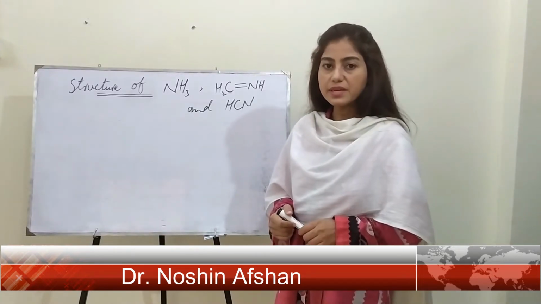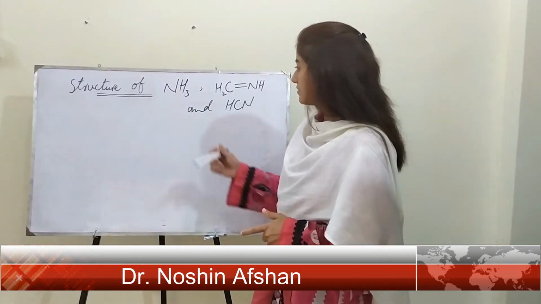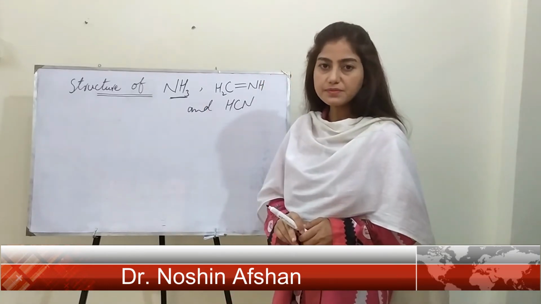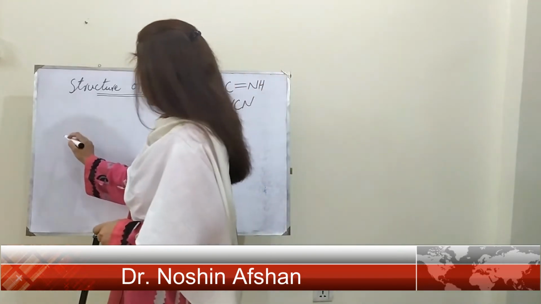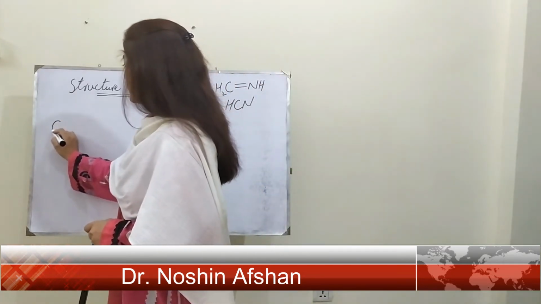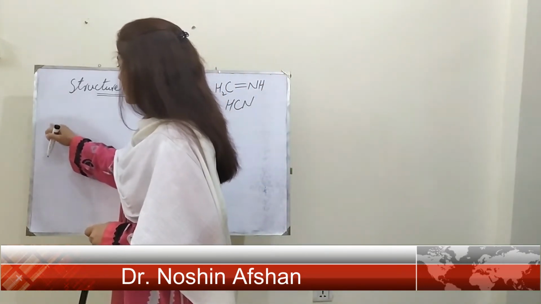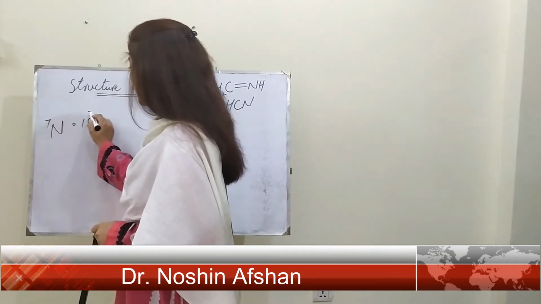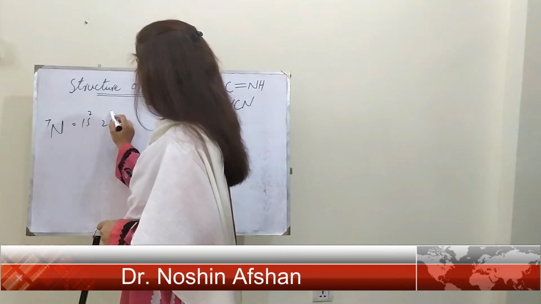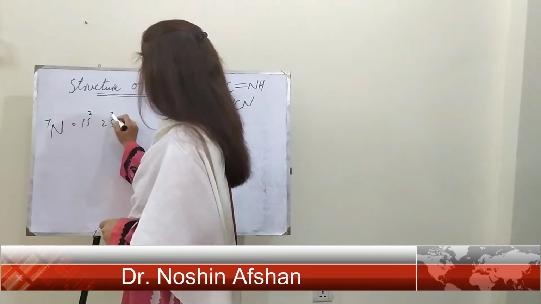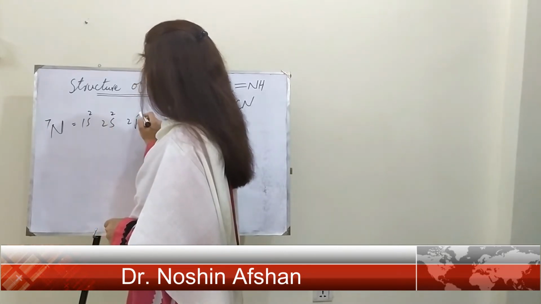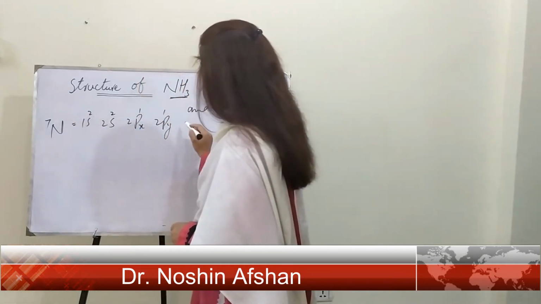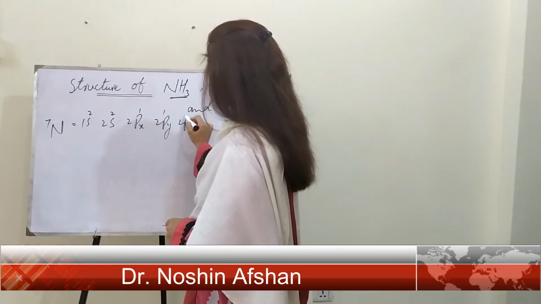So now let's begin. So first of all, we see the structure of ammonia molecule. As you know that the atomic number of nitrogen is 7, that is 1s2, 2s2, 2px1, 2py1 and 2pz1.